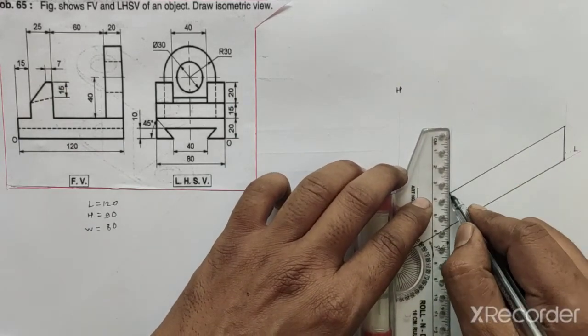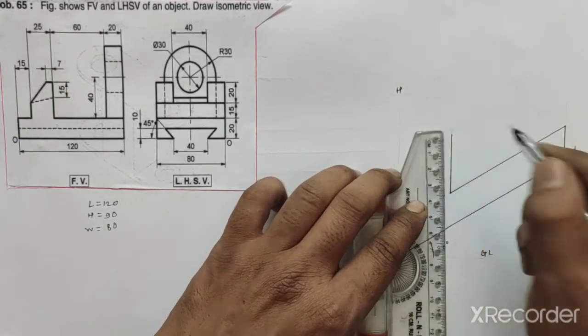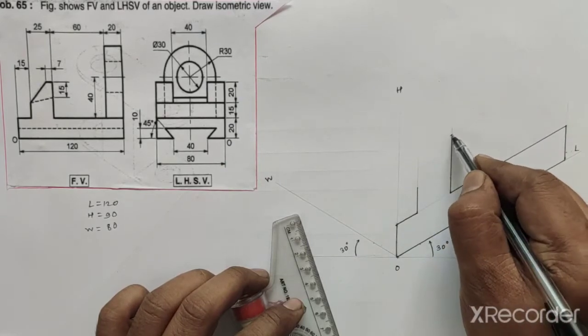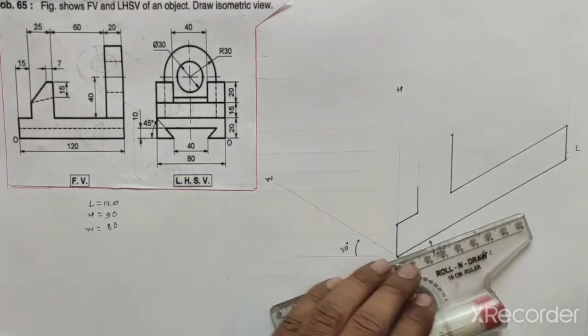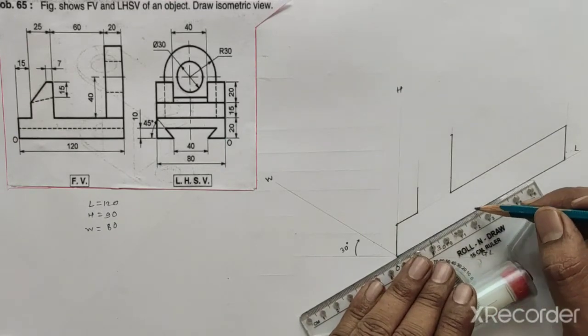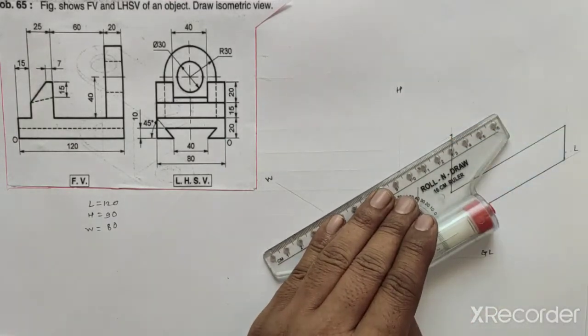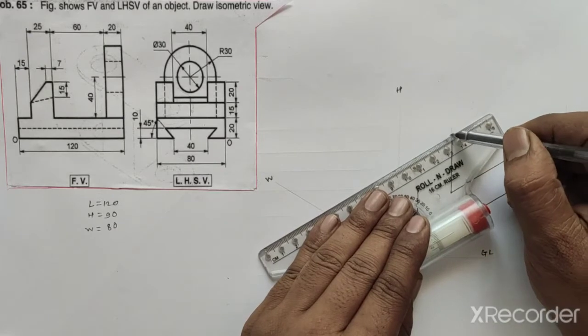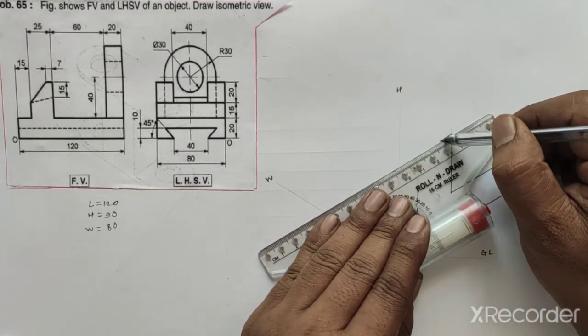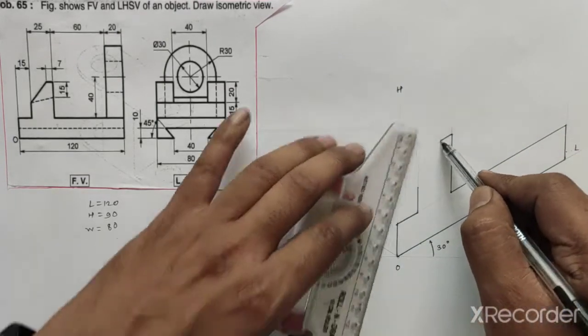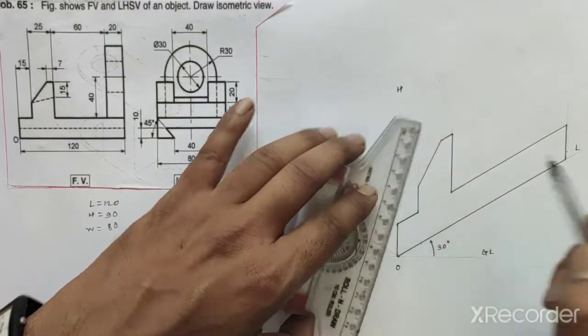So take 35 mm, and from this end again 7 mm parallel to the length. Take 7 mm. And then this is the inclined portion, directly we can connect.